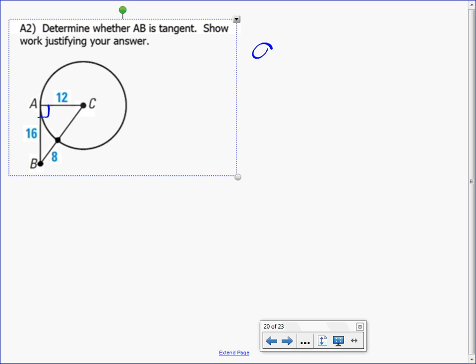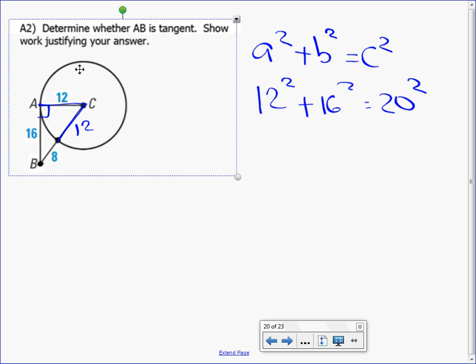We know that that triangle is a right triangle if it satisfies the Pythagorean theorem. So you have to remember that the radius or radii are all the same, so that length is going to be 12 because from C to B is 12. It's the same as A to C. So then I can put 12 squared in place of a, 16 can go in place of b, and then 20 squared for the c.